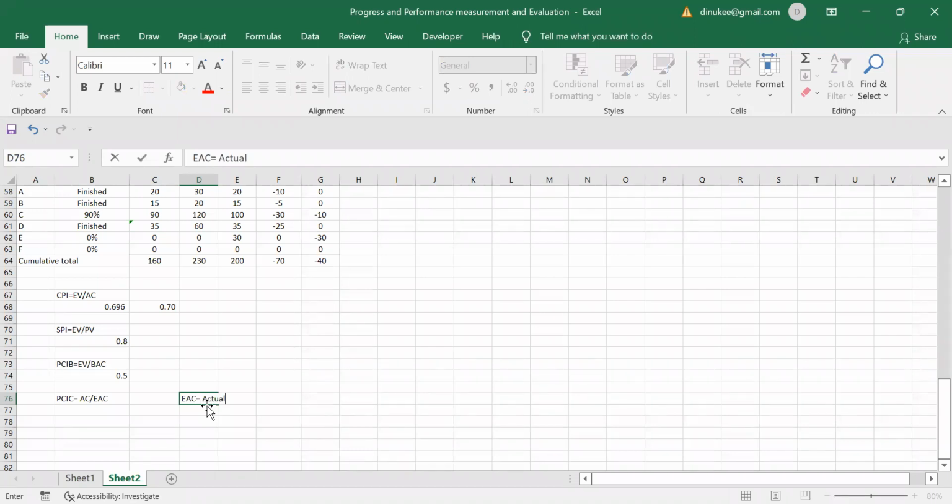Actual cost to date, and to that actual cost to date you have to add the estimated cost for the remaining work. Actually this is estimated, right?